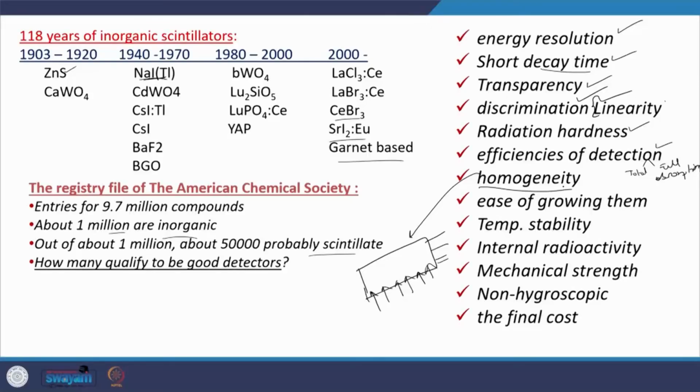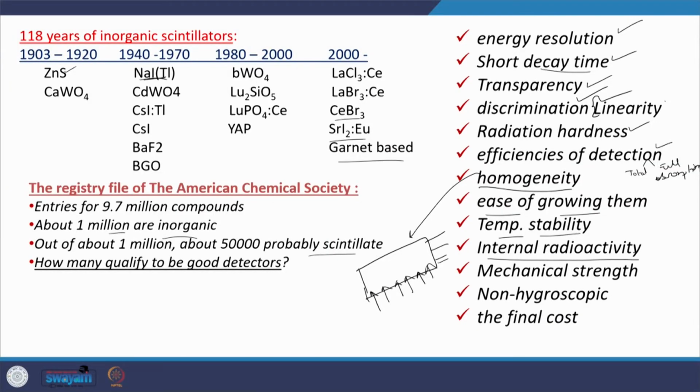So, homogeneity also has to be checked for the large volume detector, and how easy it is to grow in large volume, okay, and how stable it is in terms of temperature. Of course, not much relevant for nuclear astrophysics, because we are not operating these detectors at very low temperatures, though it has its own advantages. Okay. Detector should not contribute to radioactivity on its own.